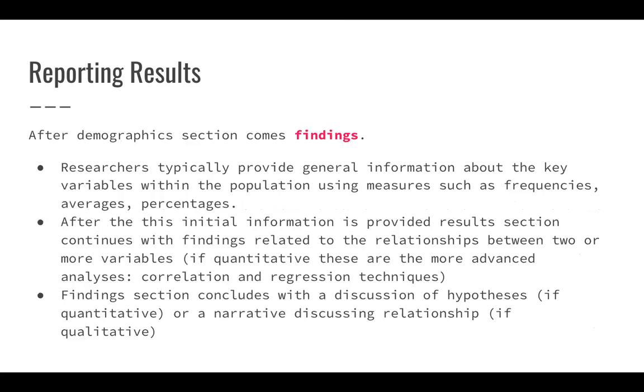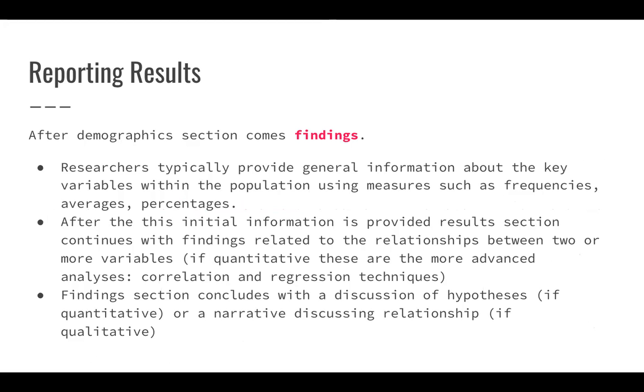After the demographic section comes your findings. Researchers typically provide general information about the key variables within the population. So for your independent and dependent variables, what were the frequencies, the averages, the percentages in regards to those variables.